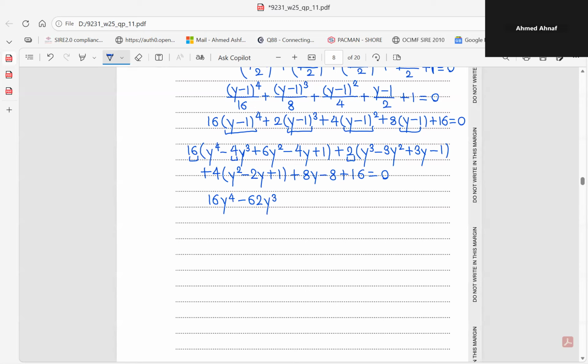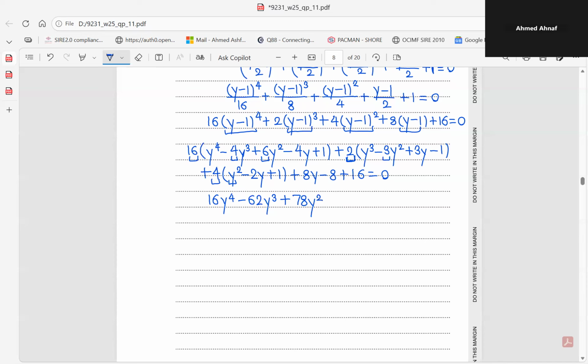And let's do y squared. So we have 6, and minus 3, and plus 4. You would get plus 7y squared.